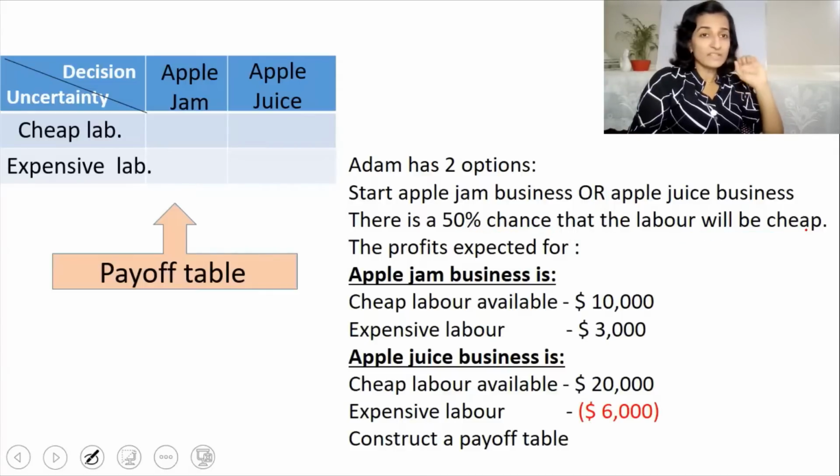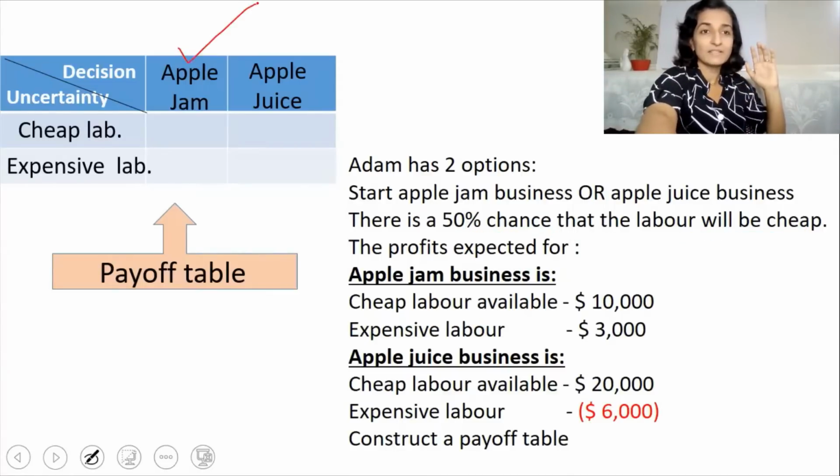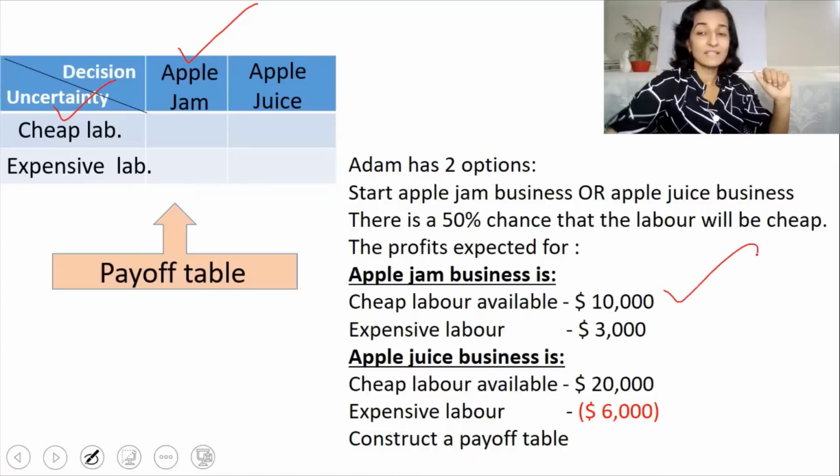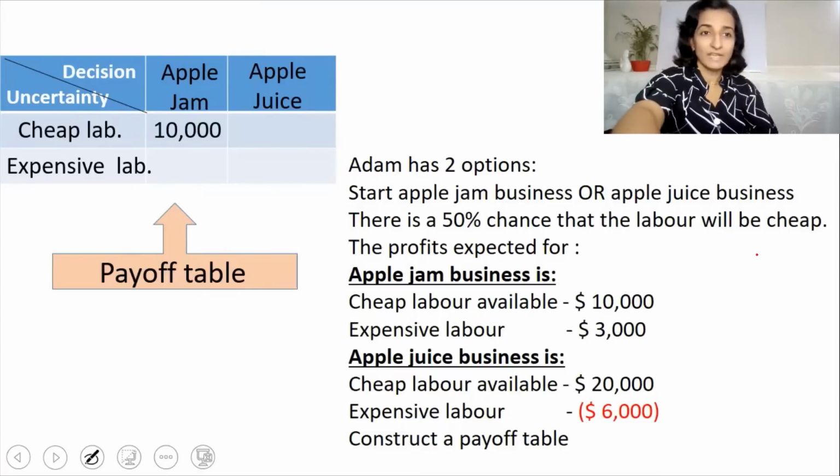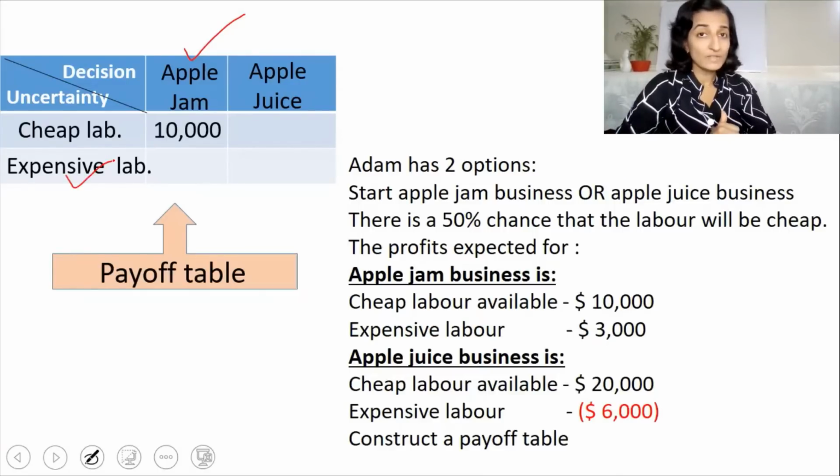Now we will take each situation. If Adam starts the apple jam business and he gets cheap labor, what is the profit that he gets? It is $10,000. So we write that in that slot. If he starts apple jam business and he gets expensive labor, then what is the profit? It is $3,000.